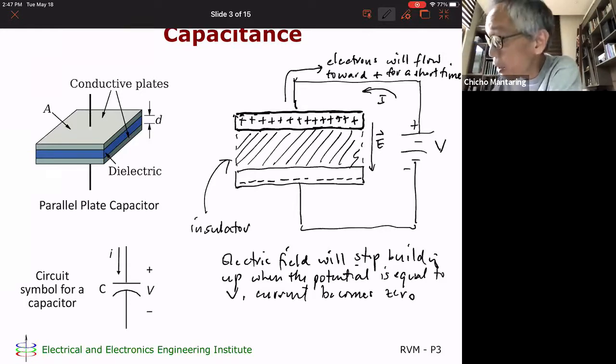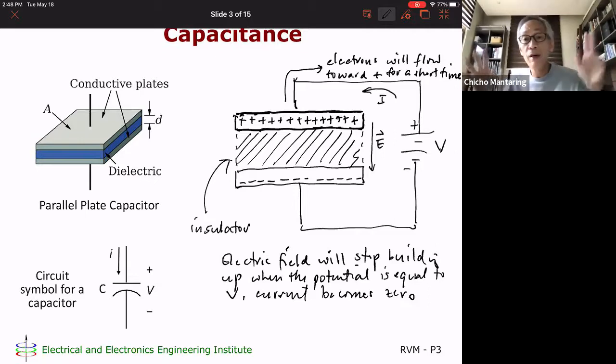And when that potential difference equals V, your current will stop flowing. At that point, you have an electric field in your capacitor. So that when I remove the battery, kung tatanggalin ko yung baterya, my electric field will still be there. It will not disappear. And that is the concept of the charge being stored in your capacitor.